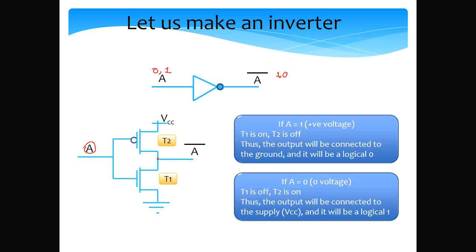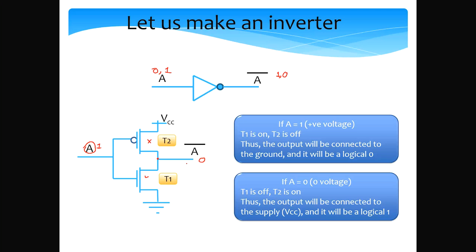Let's first see what happens if A is equal to 1, a positive voltage. In this case, T1 will conduct and T2 will not conduct. So effectively, this terminal will get connected to ground. If the input here is 1, the output, since it's connected to ground, will become 0. So it effectively works as an inverter.